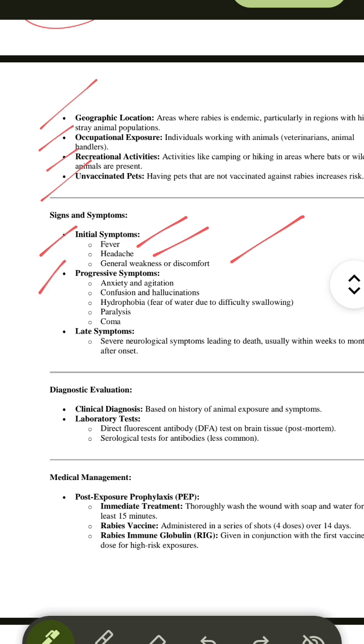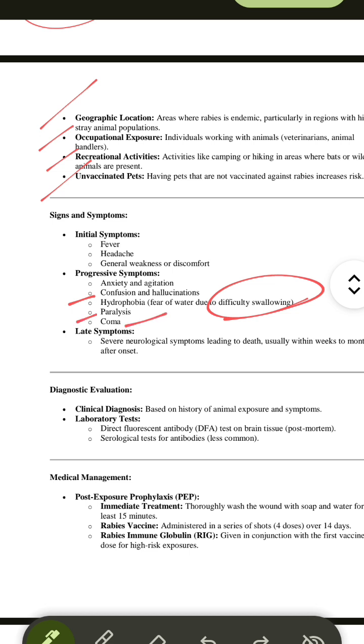Later, in progressive symptoms, anxiety, confusion, and hallucinations, meaning false beliefs, will be there, and hydrophobia. Hydrophobia means fear of water due to difficulty swallowing. And next is paralysis and coma.